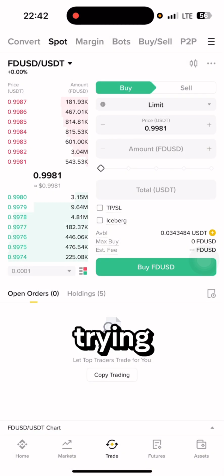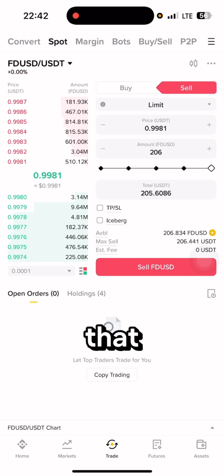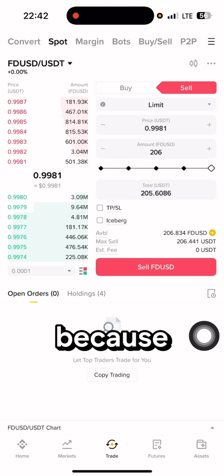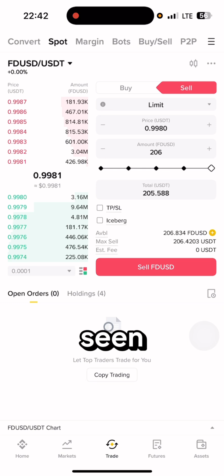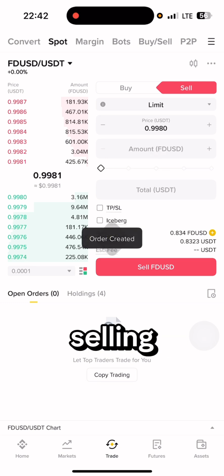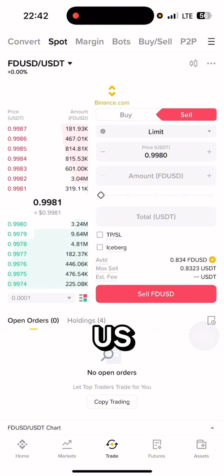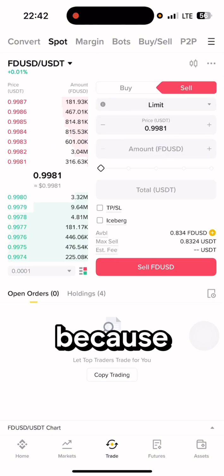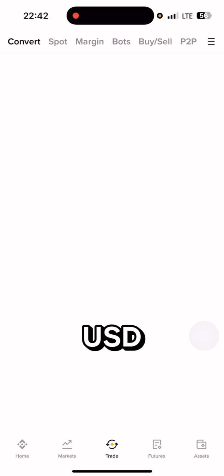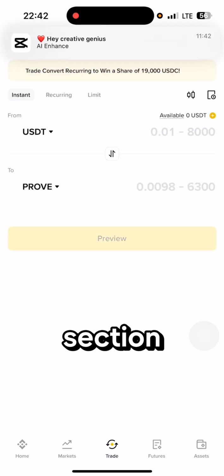At this point, I'm trying to convert the FDUSD to USDT, so that we can retain the profit, because the amount was in FDUSD, as you have seen. After selling it off there, we should be able to convert the little leftover FDUSD to USDT, because the entire FDUSD wasn't used on the spot trading section.